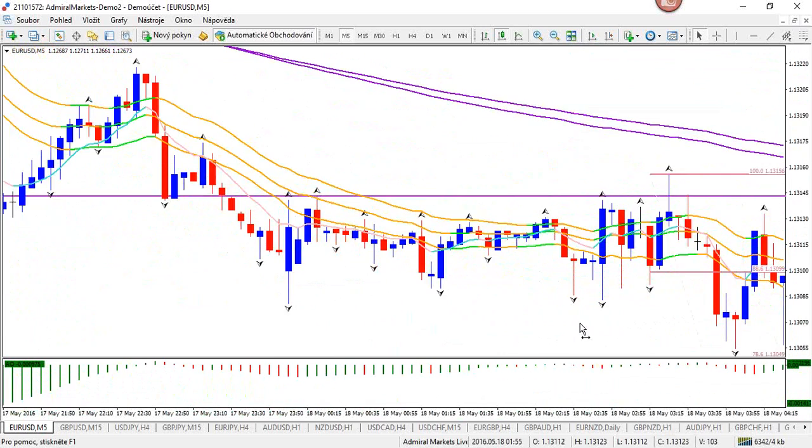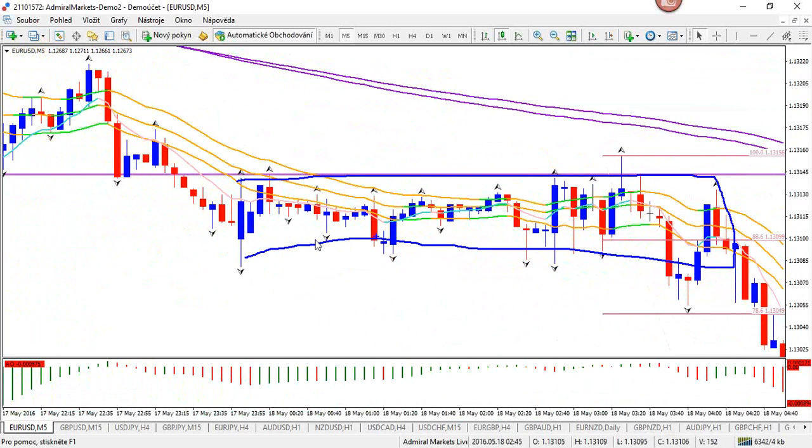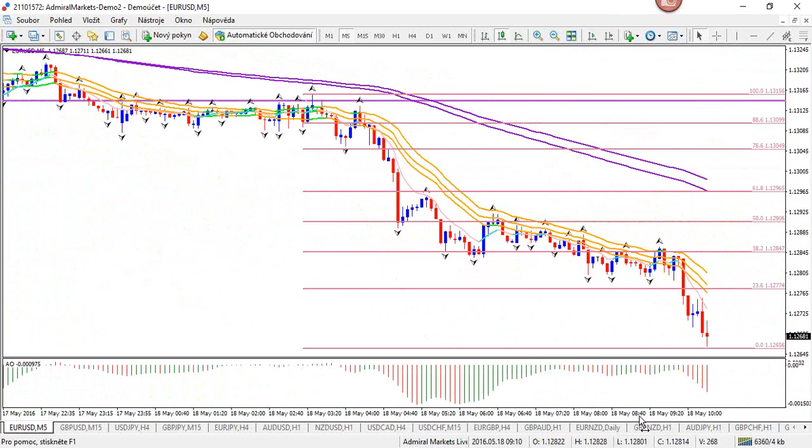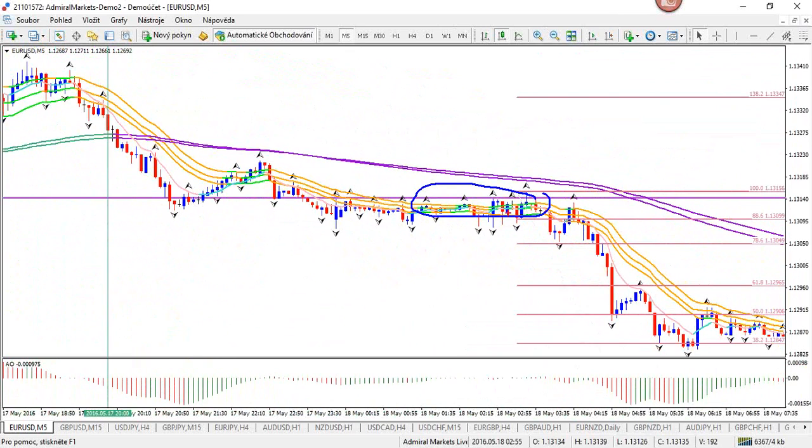But sometimes it depends from case to case, because when you have a flat zone like this, using the most recent fractals is a bit tricky just because of these small little spikes. That could take you out needlessly because look, price didn't go anywhere. It was just flat. It would be a shame to take a loss there after price does this.